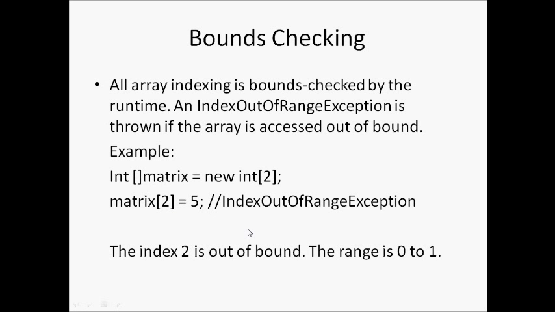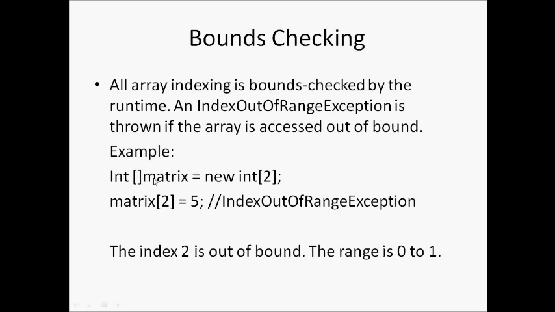Bounds checking. All array indexing is bounds checked by the runtime. So during runtime, if you access the data in the array either out of range or below the range, you will have an index out of range exception.